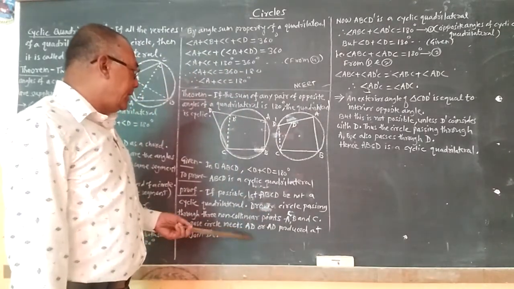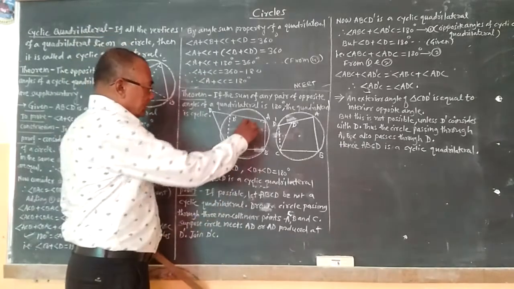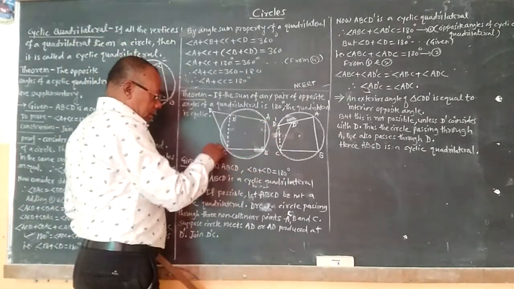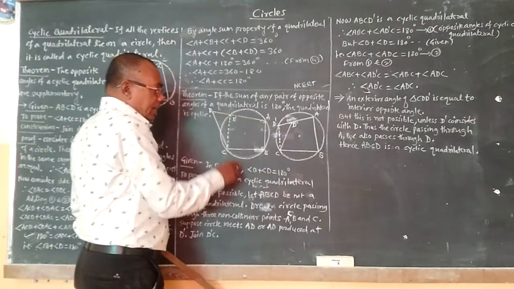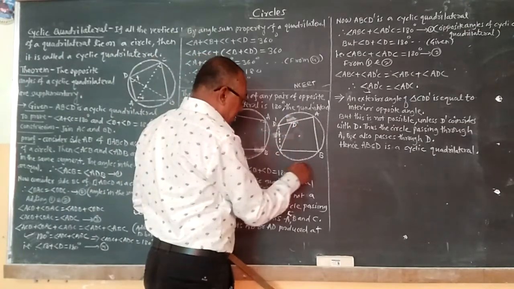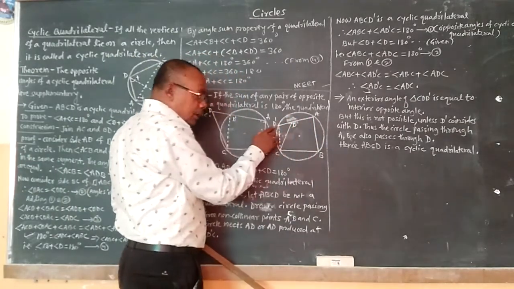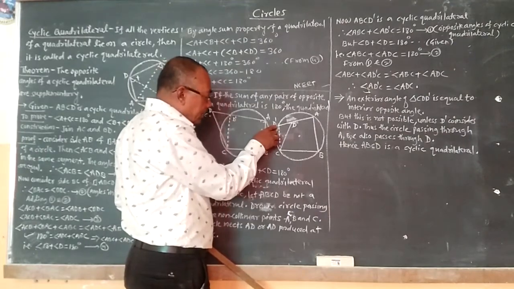Suppose this circle meets AD at D dash, and here the circle meets AD, after it is produced, at a point D dash.